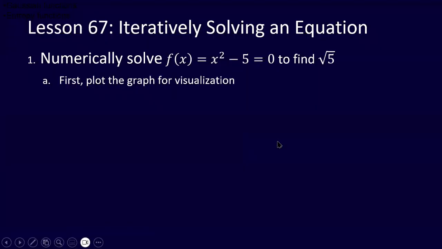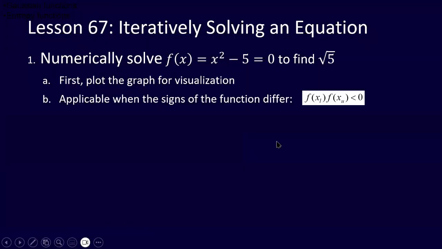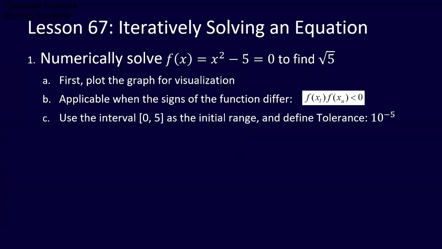So today I will tell you the method called the bisection method. This is applicable when the signs of the function differ. So we will start with a low value of 0 and a high value of 5. And also, we need to define the tolerance as 10 to the minus 5.